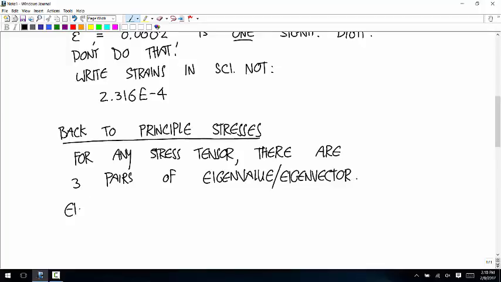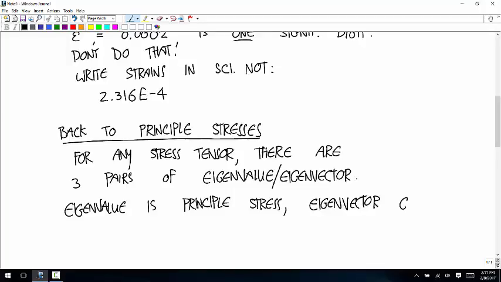The eigenvalue is the principal stress, and the eigenvector gives the orientation of the corresponding face.